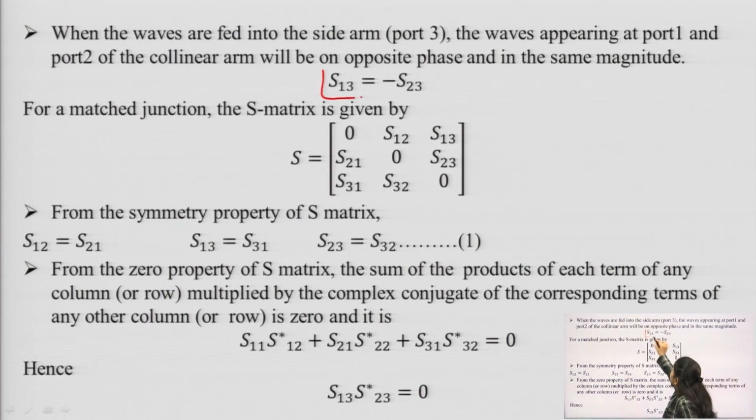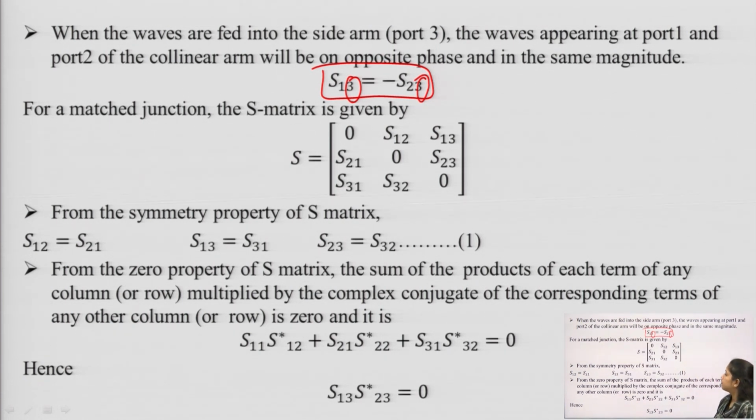That means S13 is equal to minus S23. If we feed the power through the third port and it enters port 1 and port 2, both will have the same magnitude but the direction will be different.